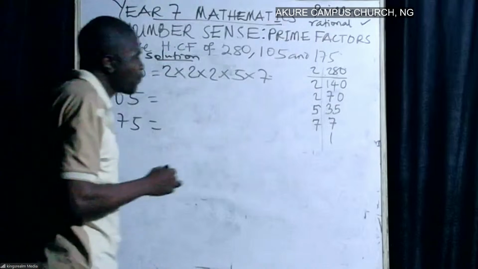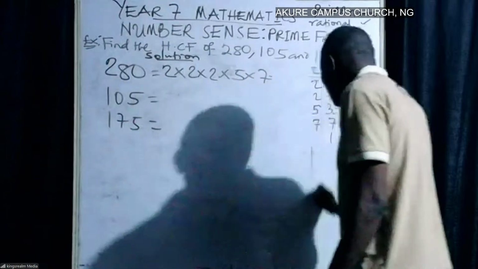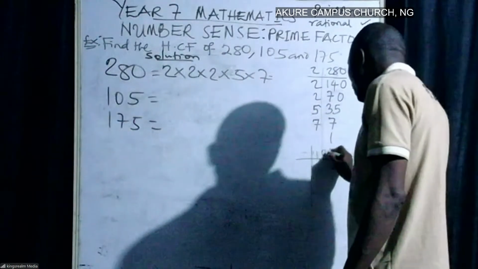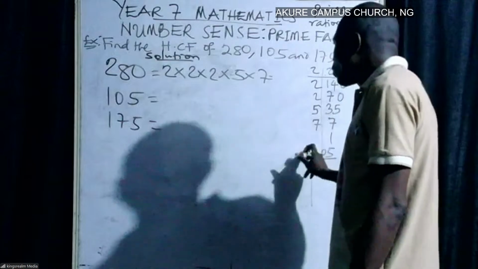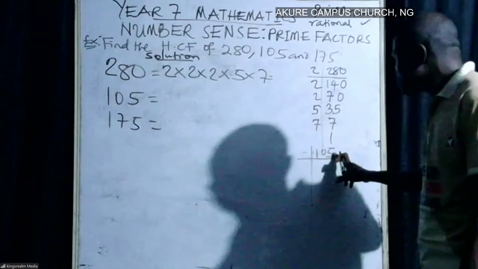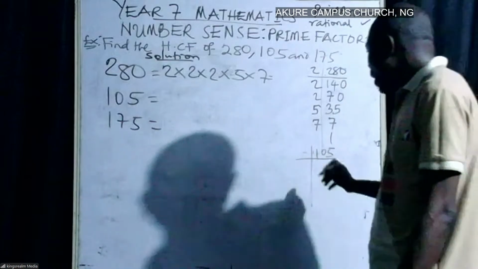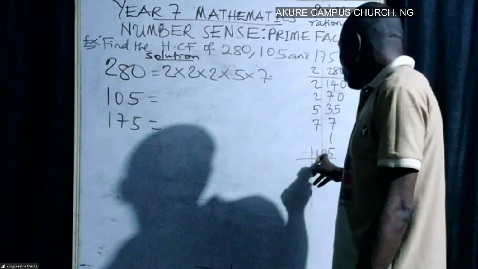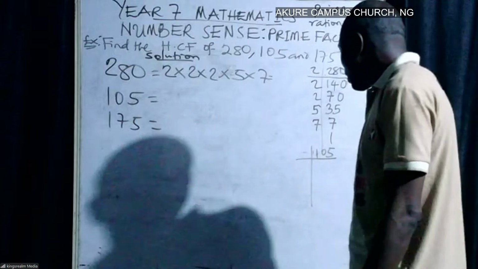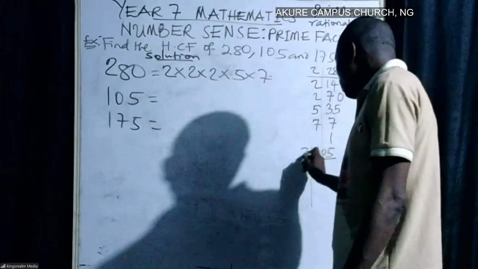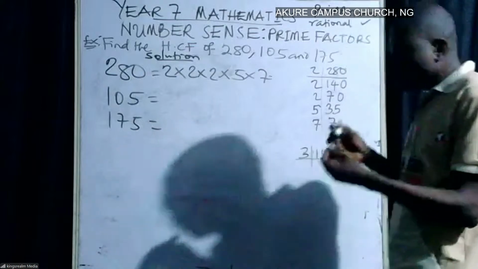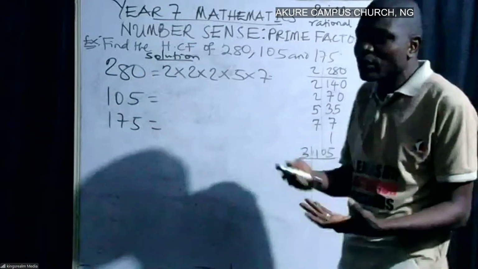So for 105, you can also do something like that. 2 cannot go in 105 because this ends with an odd number. Can we try 3? 3 can go. You start with the smallest prime numbers first.